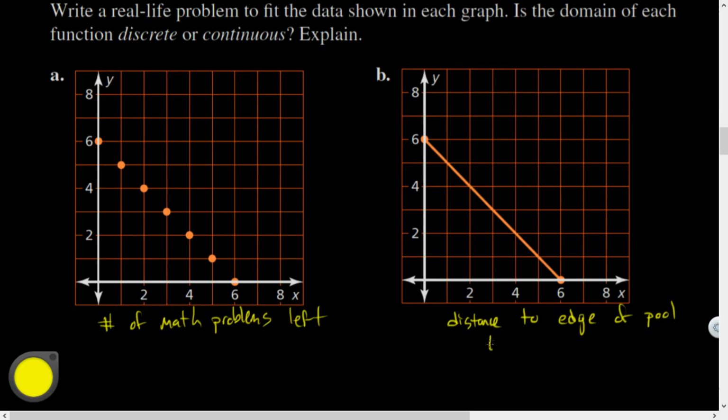And x could be time. Now this one kind of almost works, except this would have ended up being more of like the step function that we saw earlier with the eggs, based on the way that I've worded it. But yeah, some situations, usually things related to counting, are going to be discrete, right? Things that don't have half amounts are what's going to be discrete.